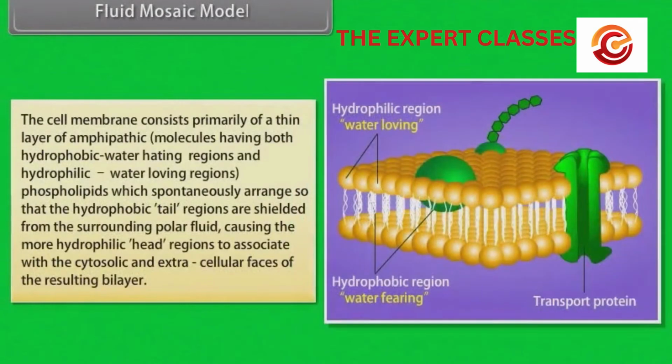The cell membrane consists primarily of thin layer of amphipathic molecules having both hydrophobic, water-hating region and hydrophilic, water-loving regions, phospholipids, which spontaneously arrange so that the hydrophobic tail regions are shielded from the surrounding polar fluid, causing the more hydrophilic head regions to associate with the cytosolic and extracellular phases of the resulting bilayer.